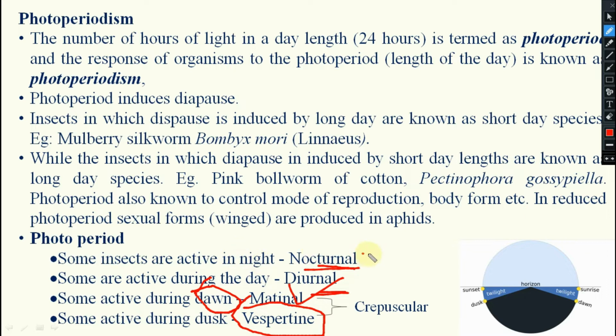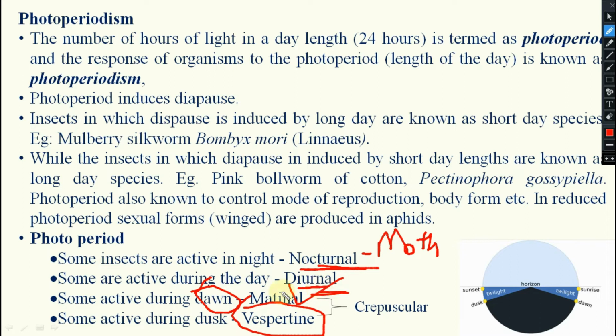The first one is active at night, that means moths, some jassids will come. They are nocturnal. Generally many moths, the Noctuidae family. Then some are active during the day, that is diurnal. Diurnal means in the daytime, butterflies you might have seen, dragonflies you might have seen. No doubt dragonflies are also available during the evening time, sometimes morning time also.